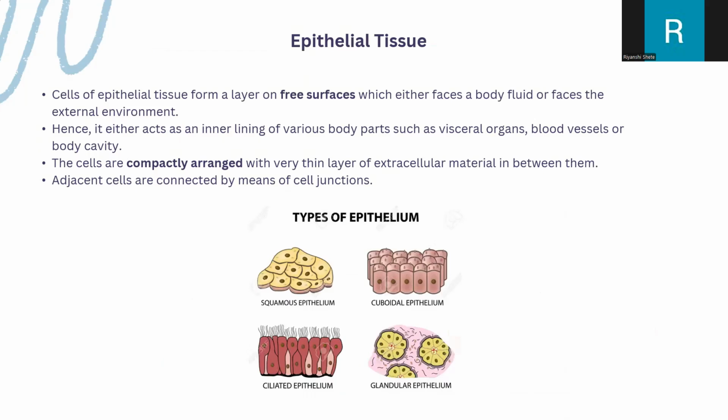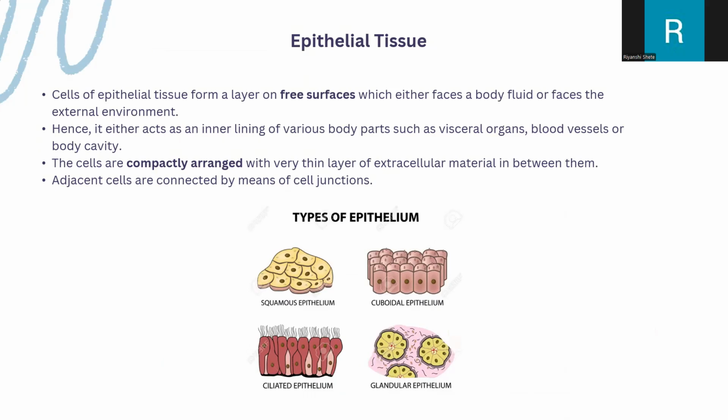Epithelial tissue. This is the type of tissue which forms a layer on the free surfaces, which either face a body fluid or face the external environment. This type of tissue is compactly arranged and acts as the inner lining of various body parts such as the visceral organs, blood vessels, or body cavity. There is a very thin layer of extracellular material in between them. Adjacent cells are connected by means of cell junctions.